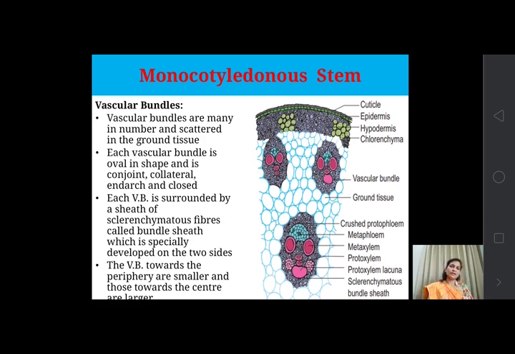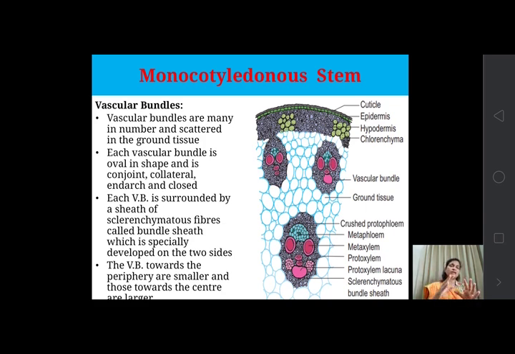On the basis of size there are two types of vascular bundles. You can see the vascular bundles at the peripheral side, or hypodermal side, and those towards the center. There is a difference in their size. The vascular bundles towards the periphery are smaller than those towards the central region, which are larger. So on the basis of size there are two types of vascular bundles.